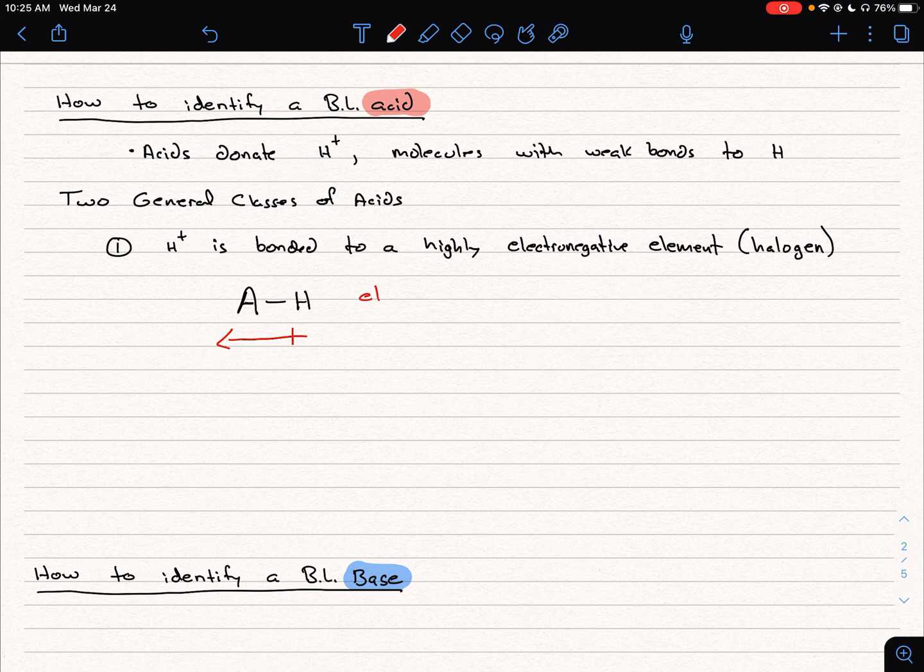So this electronegative atom removes our electron density from the hydrogen, making it easier for a base to pluck off.